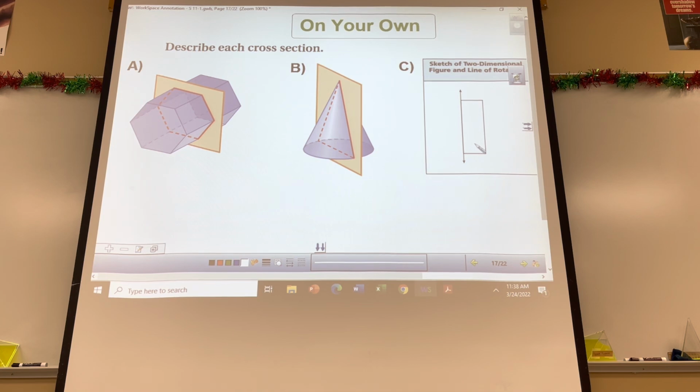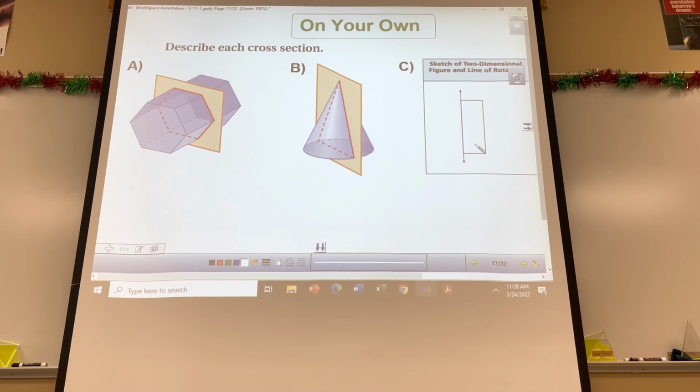It's a rectangle, maybe a rectangle. Okay, think about it. Three circles. Another circle, and then just draw.